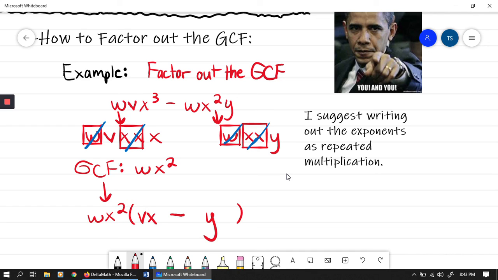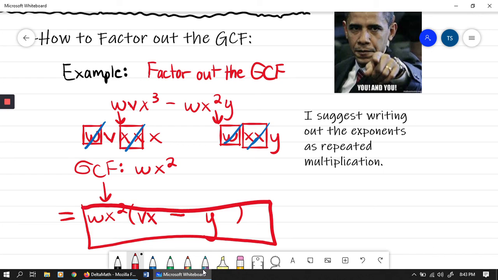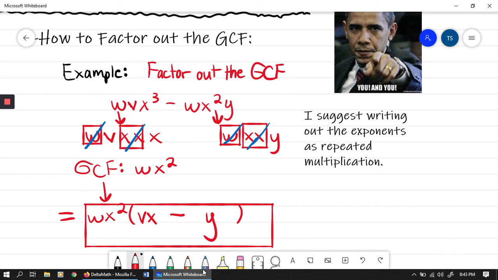Now, I believe that one of the videos on Khan Academy may show you a different way. All right, so again, one of the videos on Khan Academy may show you a slightly different way of looking at it.